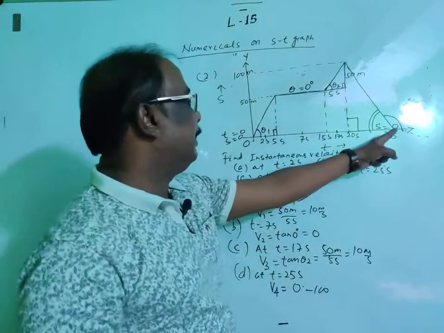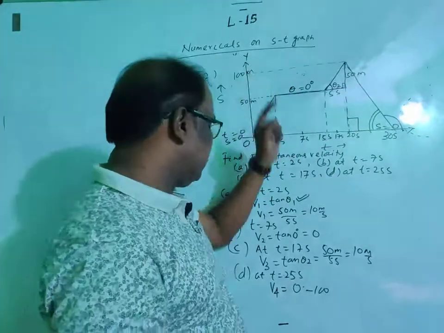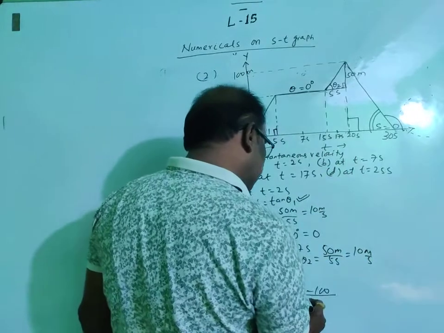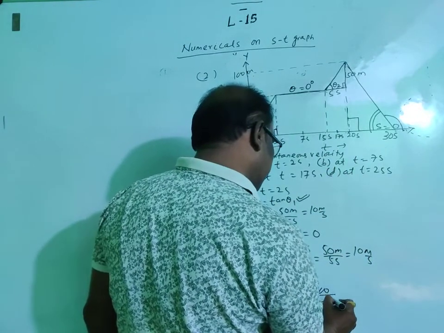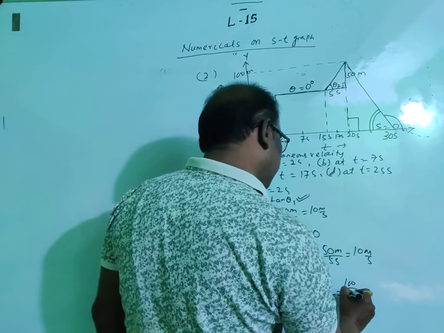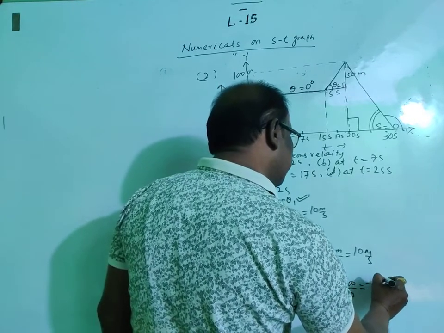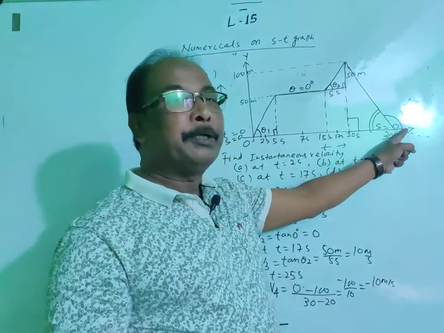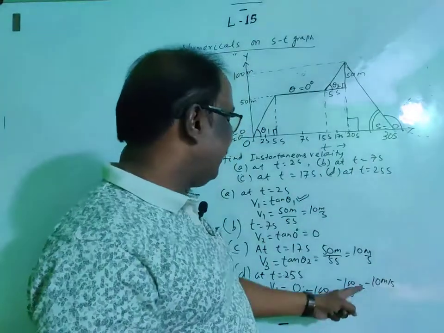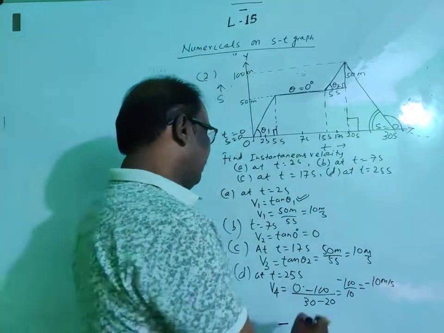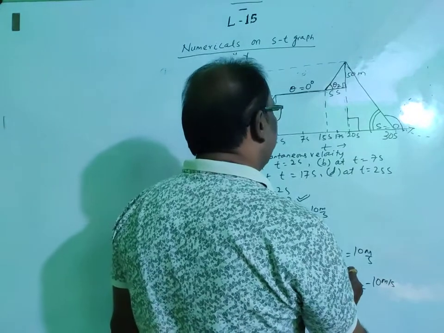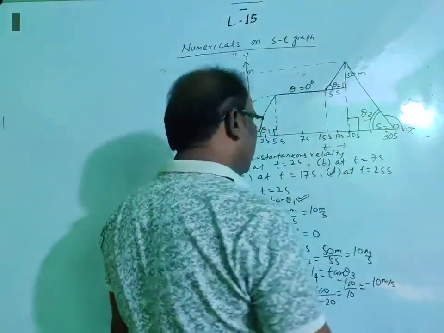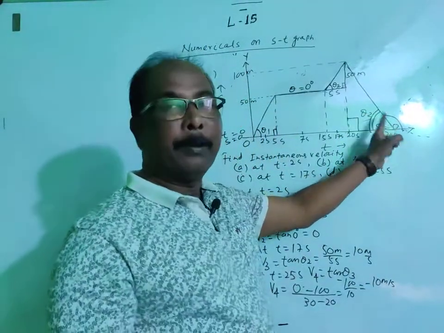So 0 minus 100 meter, divided by the interval of time from 20 second to 30 second, meaning 30 second minus 20 second, that equals minus 100 by 10, so minus 10 meter per second. Here it shows that the slope is negative, and by calculating tan theta, v4 is equal to tan theta 3. Let this angle be theta 3, automatically we are getting a negative slope.